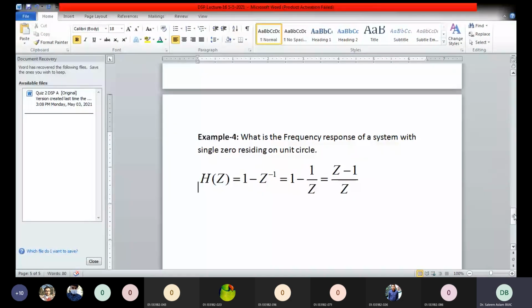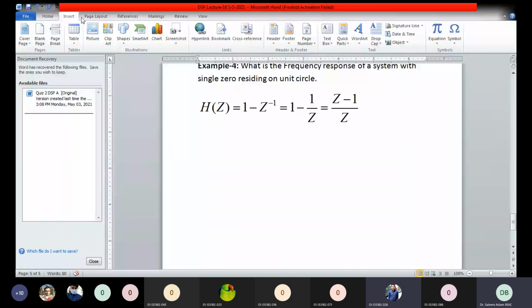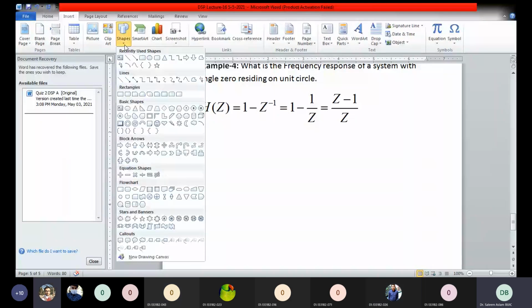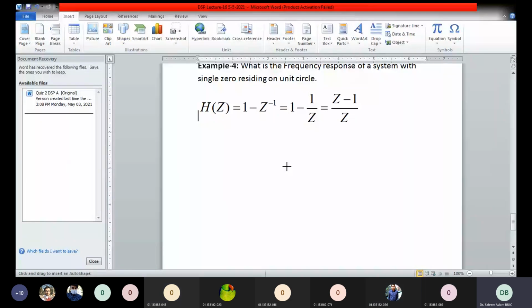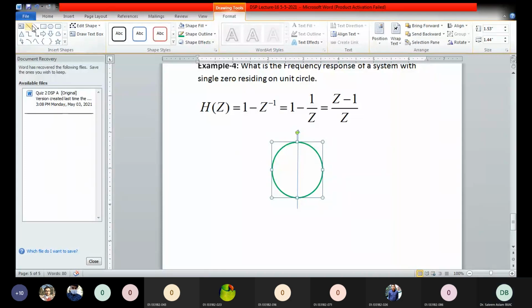Okay. Next we draw its pole zero plot. It's very easy. You have one 0 exactly on the unit circle. Since it is 1 minus z inverse, there is no angle, so it's a real 0 and lies on the real axis.